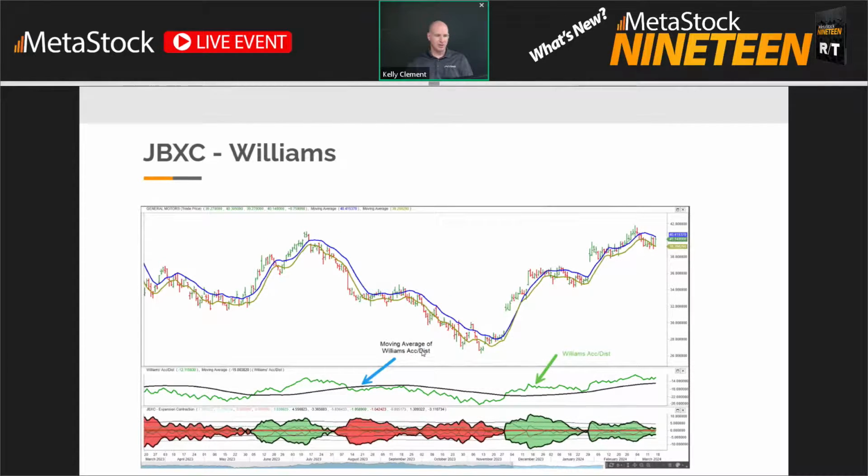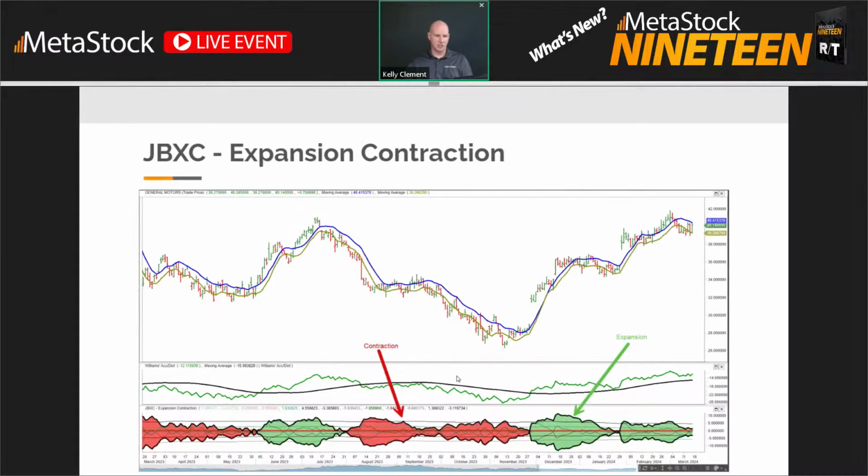Down here, you have the Williams accumulation distribution indicator, and then a moving average of that indicator. And then down at the bottom, you have expansion and contraction. So what expansion and contraction is doing is it's looking at the movement of the moving average channel and looking for expansion and contraction based off of that.